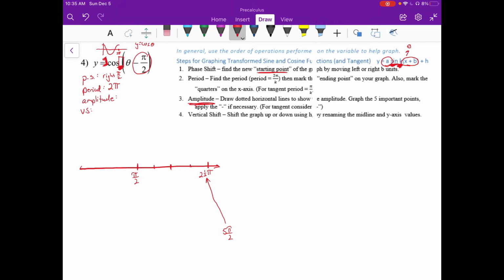Now, we do need to figure out where the y-axis is. So this is half pi, and this is 2 pi, 2.5 pi.